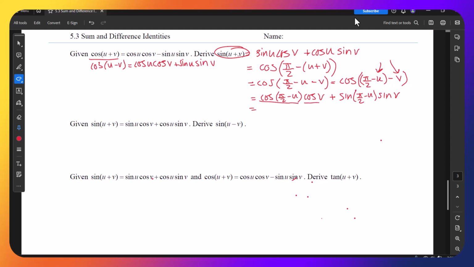But with a little bit of imagination, we can get to where we want to go. So cosine of a complement is really sine of the angle itself, cosine v. So using the complementary angle idea, plus sine of a complement is cosine of the angle itself, sine v. Let's see. So now we've got sine u cosine v plus cosine u sine v. And we're done.